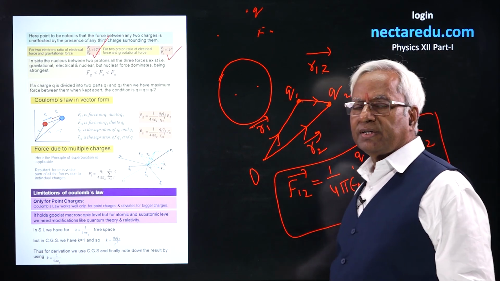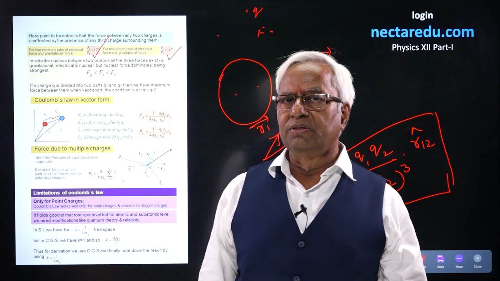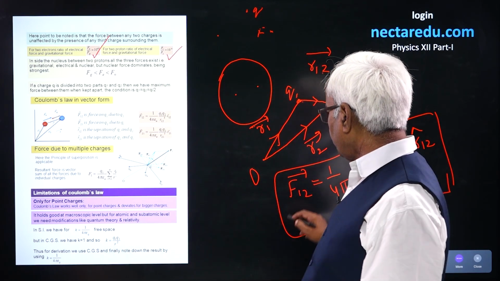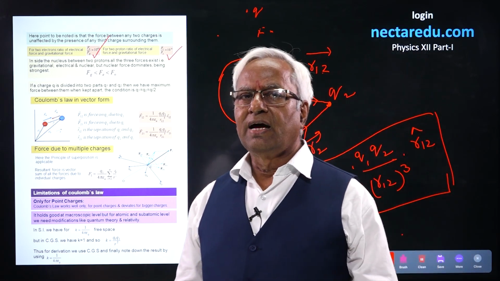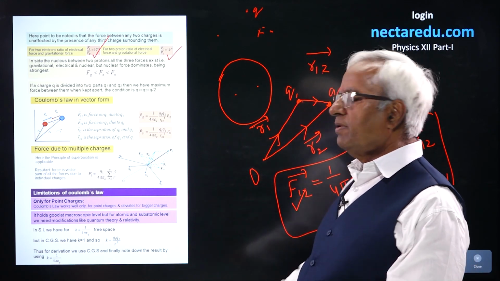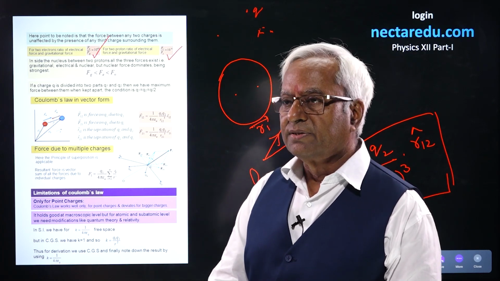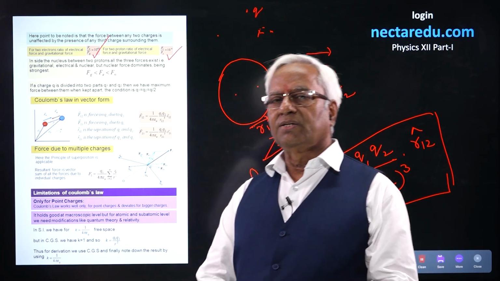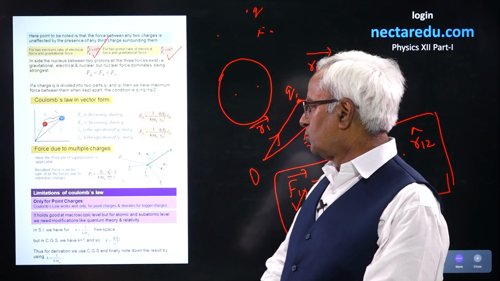When you are interested in the force on Q2 by Q1, you write the whole thing in terms of F12 and R12, and likewise vice versa, I have to reverse the direction, and it becomes F21. Coulomb's law is applicable only for point charges, meaning very small charges. For extended charges, we need some other modifications also.